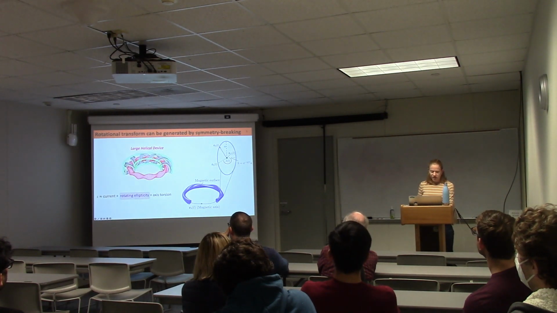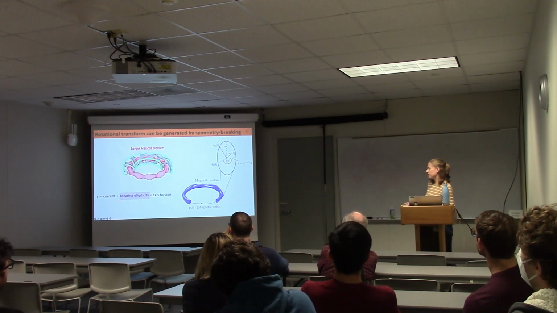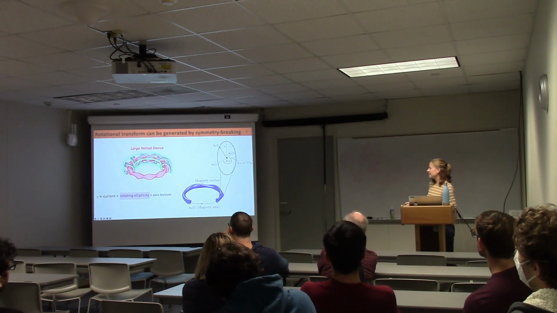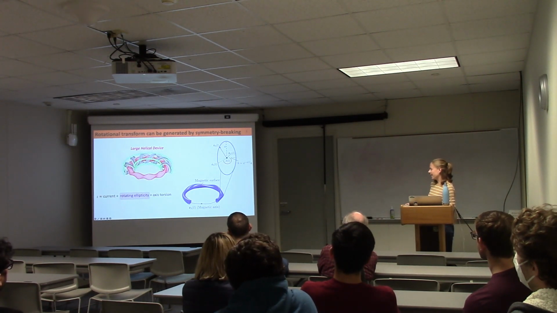And there are other ways to get this twisting of the field line, which may be a little bit surprising at first. The first way to get this without current is through rotating ellipticity. If you look at the very core of your device, these surfaces collapse onto a single line, which we call the magnetic axis.